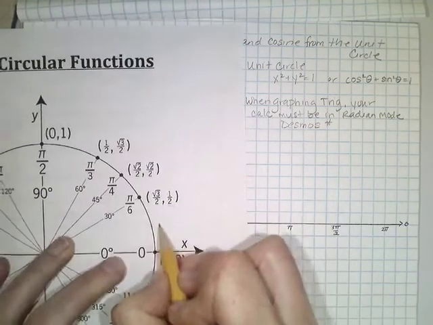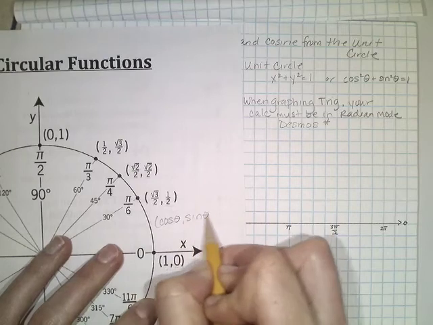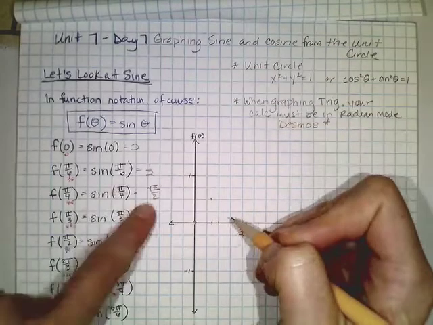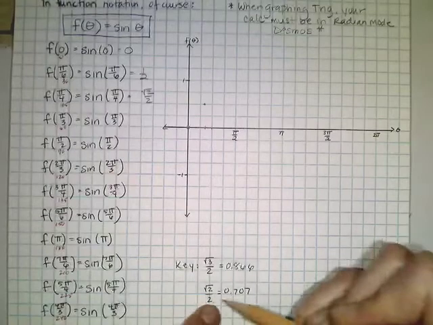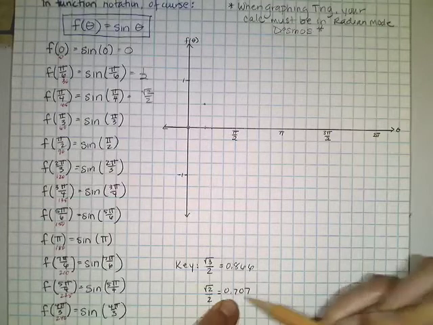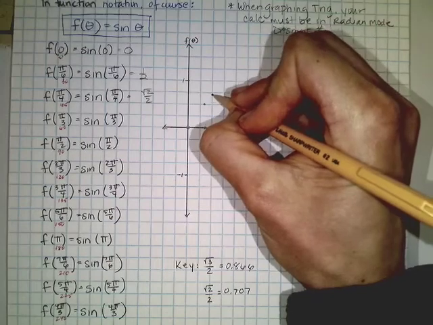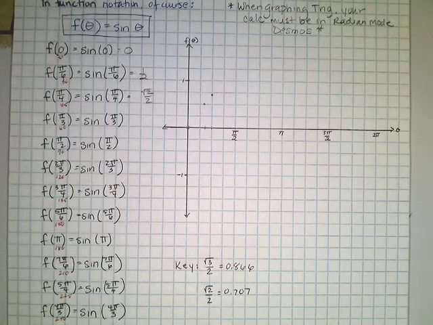Remember, cosine, sine. So I'm looking for that square root of 2 over 2, which is kind of annoying to graph. Down here, square root of 2 over 2 is about 0.7. It's not quite 0.75, but it's close enough.